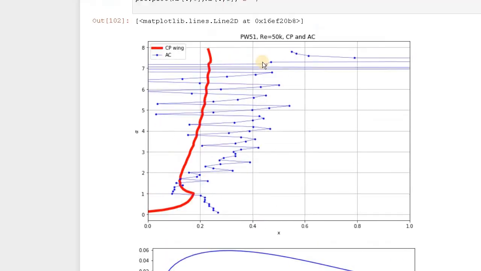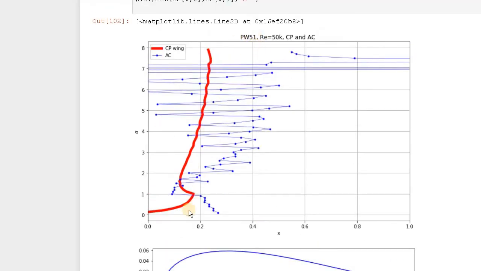And in this particular case, PW51, we do have this behavior in most of the cases. It's moving from the nose to the tail, except maybe in this region, where we have the opposite effect. In this range, approximately from 1 to 1.5 degrees, we're going to have unstable behavior for this particular airfoil at this value of Reynolds number.